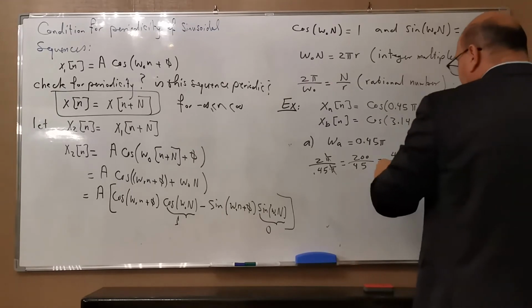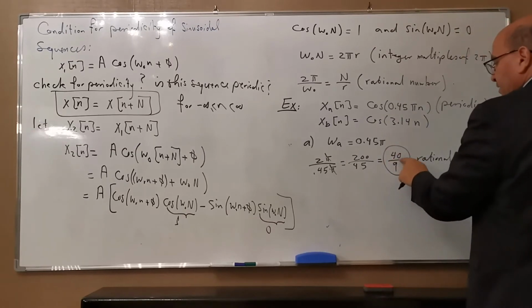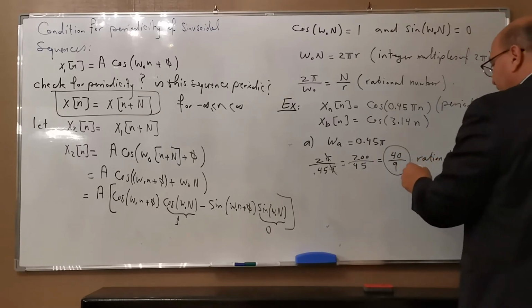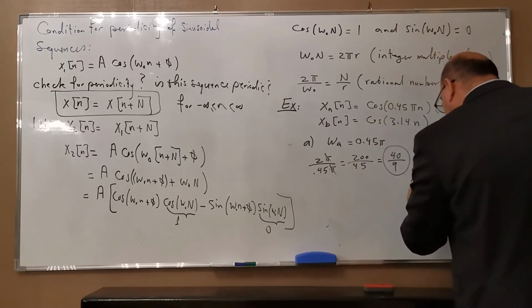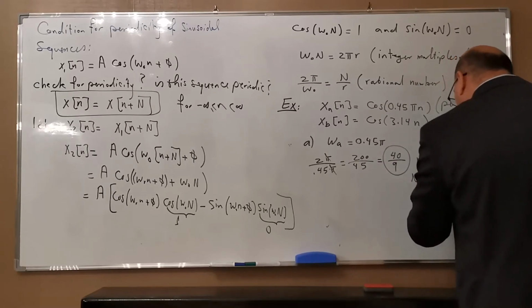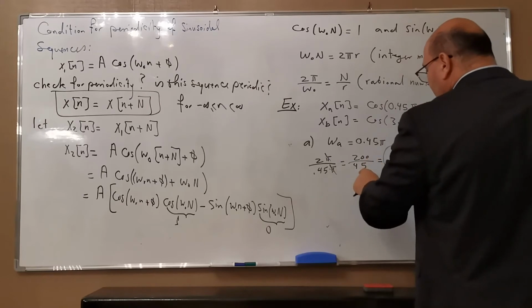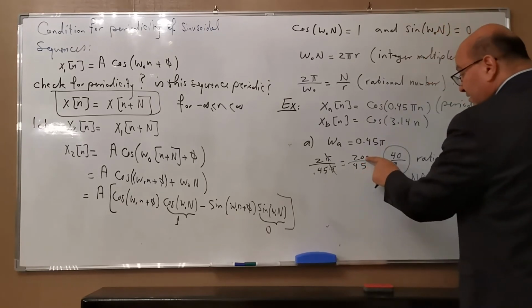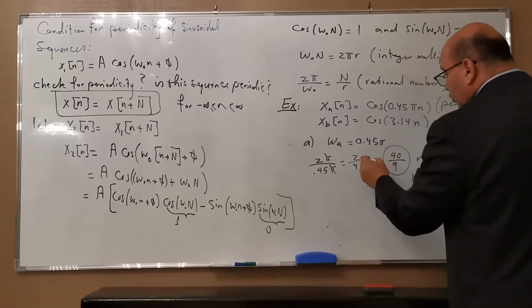Not only is it periodic, we have to manipulate this ratio until we have no common factor left, and we can say that NF is equal to 40. We cannot say that 200 over 45, with 200 as N, is NF, because it's not the fundamental period.